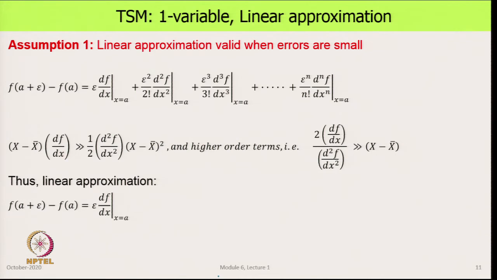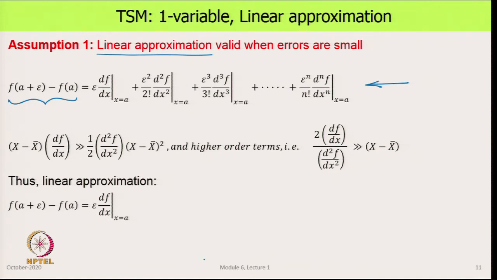The first assumption that we make in a series of assumptions that we will make is the linear approximation. We come across many engineering applications where we do this approximation, and to understand what that is, we looked at that expression that we wrote on the previous slide, that the difference between the function at a plus epsilon and at a is a combination like that.